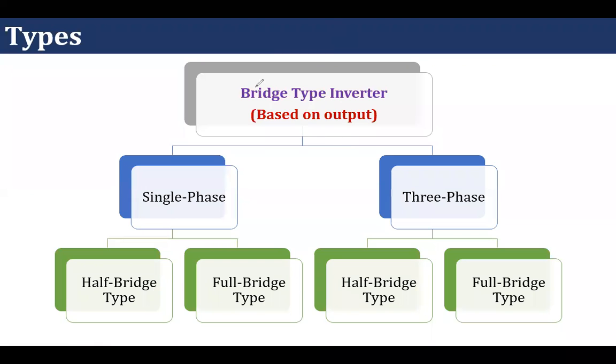In the last lecture, we saw that bridge type inverter is of two types based on output. We know that the output of an inverter is AC. So, as per the output, bridge type inverter is of two types, single phase or three phase.